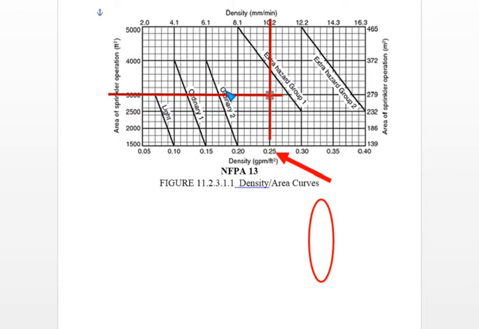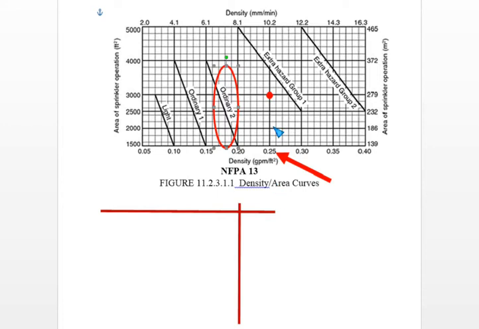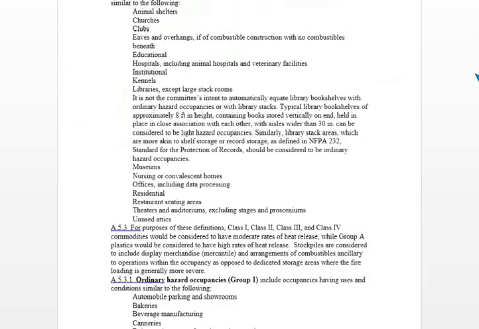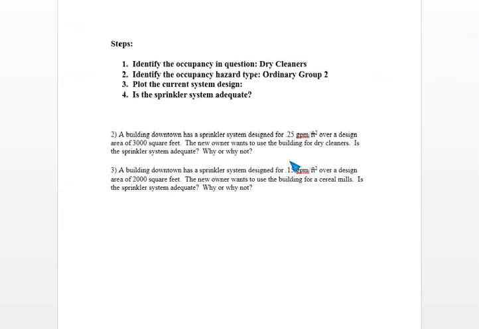We'll plot where they intersect, and remove our lines. You can see here that our hazard group is going to be ordinary 2. You see that our dot falls above our ordinary 2 line itself. So again, another example of how this system is adequate to protect my dry cleaners in this case.